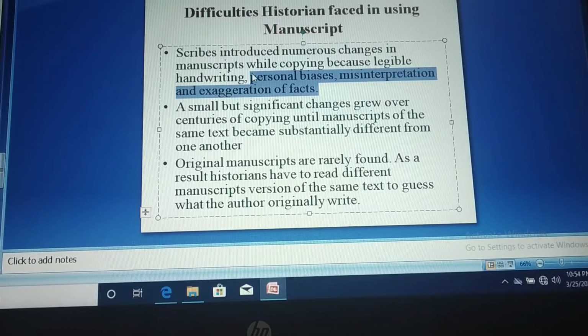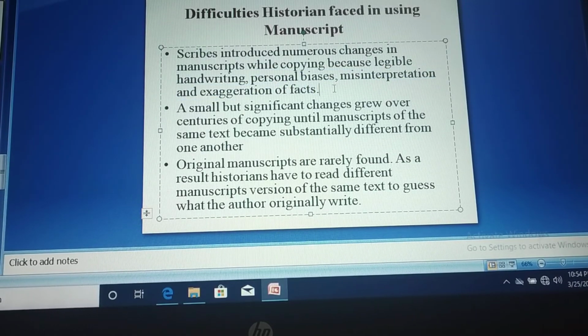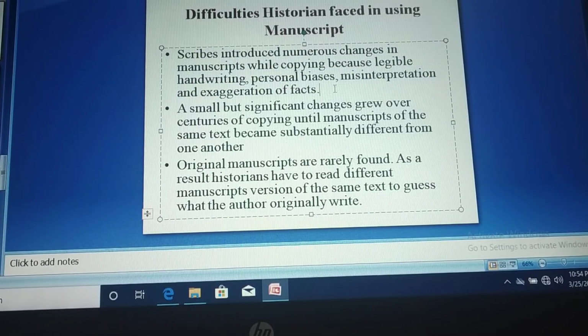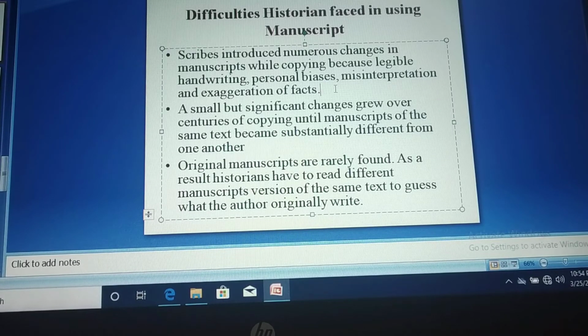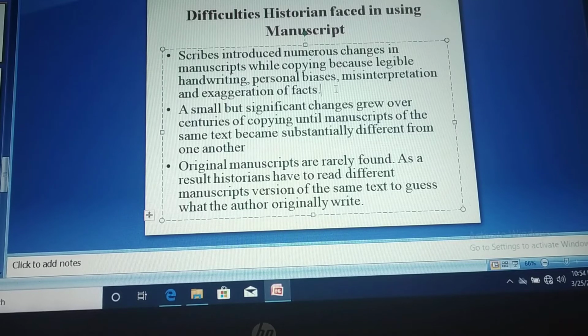At times the scribes were given the task of copying an original manuscript. If they did not understand the handwriting, they wrote whatever they understood. And when the second scribe was copying, if he faced the same problem, he would write what he understood. In this way, when one particular manuscript was copied 6 times, 6 new changes occurred.